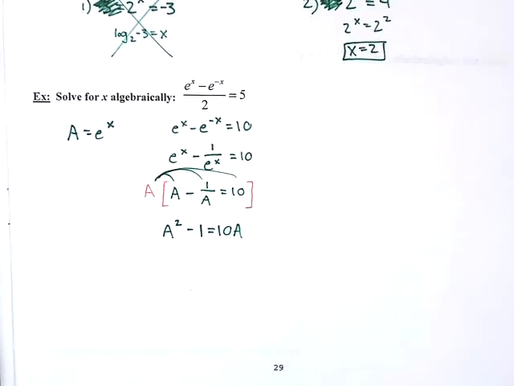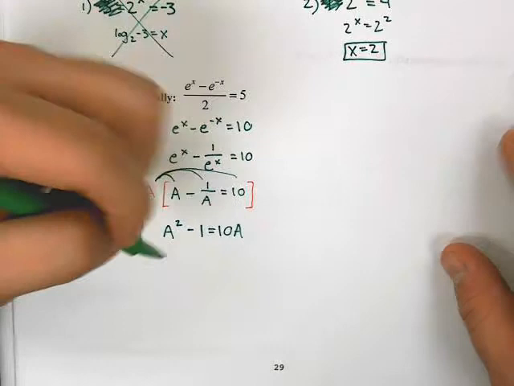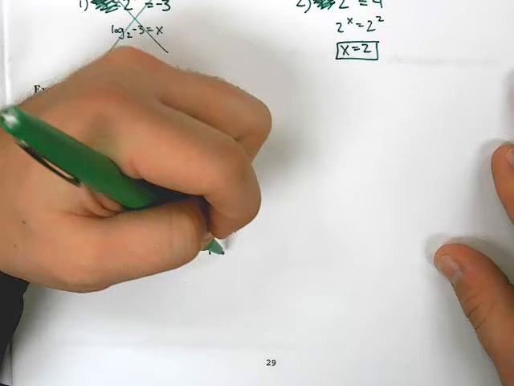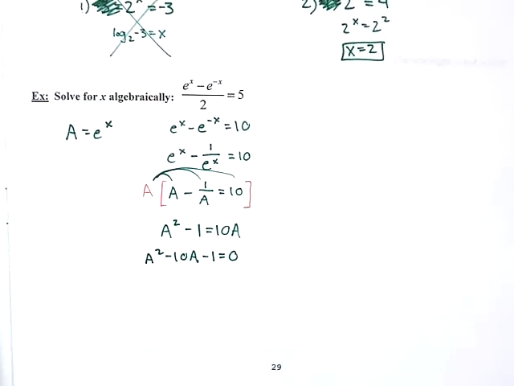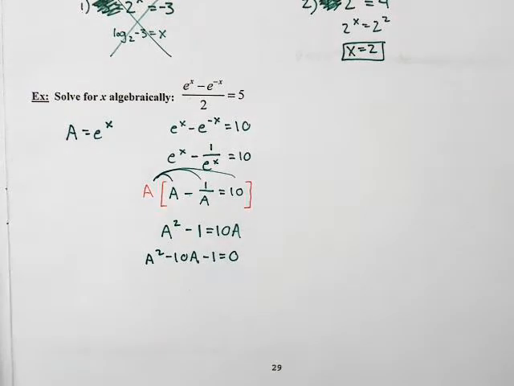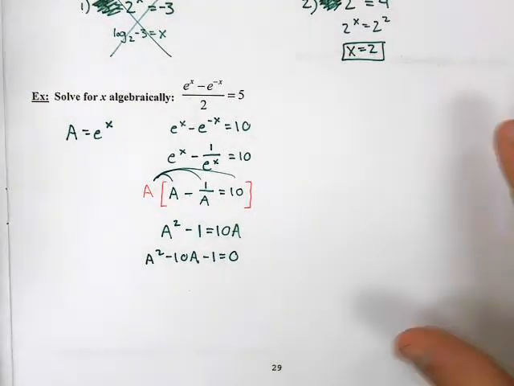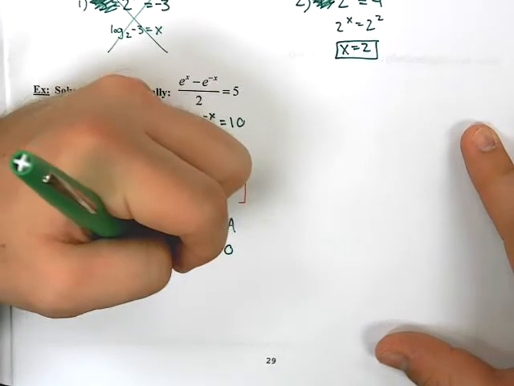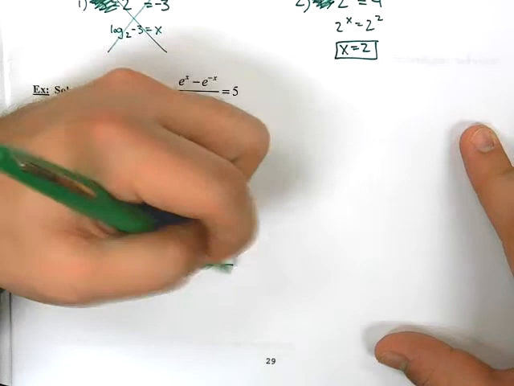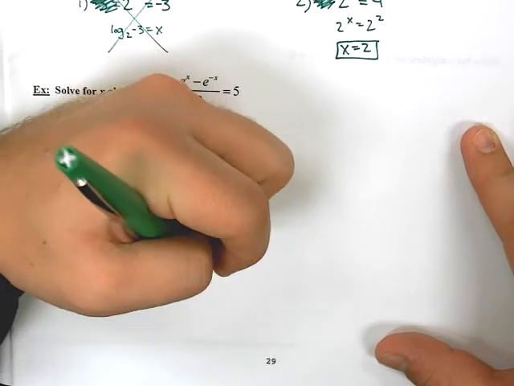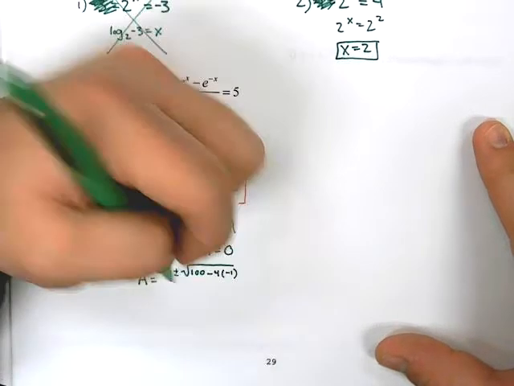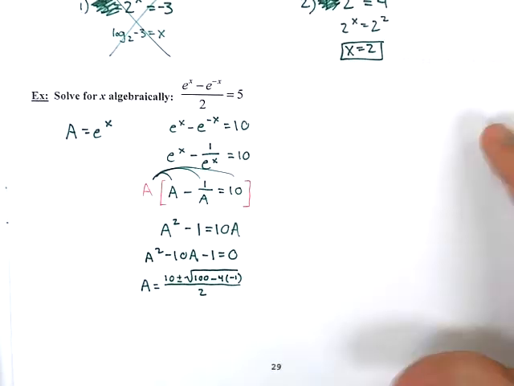With a little rearranging, I think we have another quadratic. a squared minus 10a minus 1 equals 0. Unfortunately we cannot factor this one, but we do know the quadratic formula, and that's what we're going to try. a is equal to negative b plus or minus the square root of b squared minus 4ac, all over 2a.